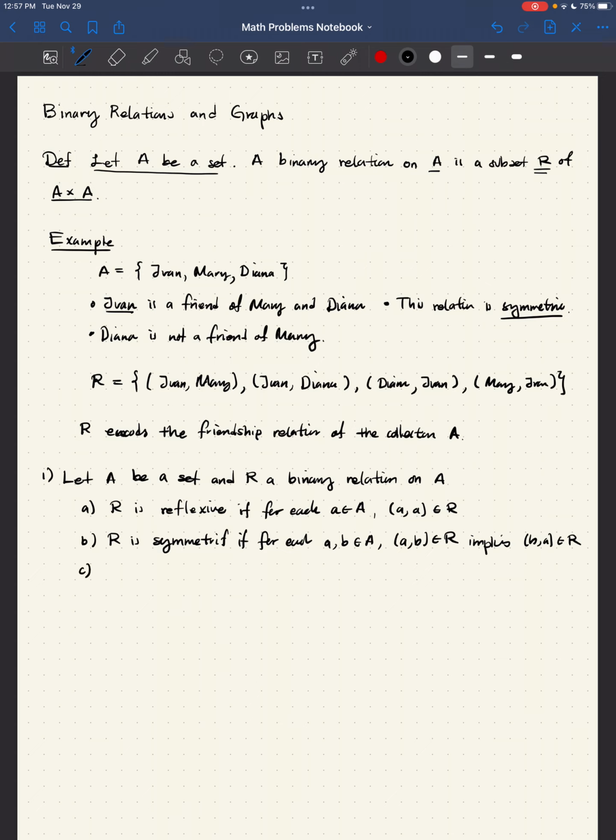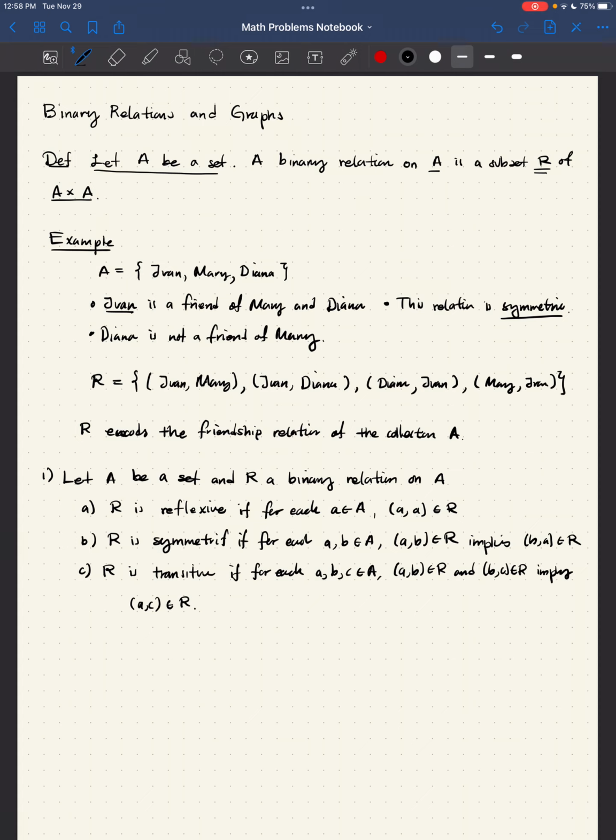Here's another property. We would say that R is transitive if for each a, b, and c in A, we have that (a, b) in R and (b, c) in R imply that (a, c) is in R. Let's think in these terms.